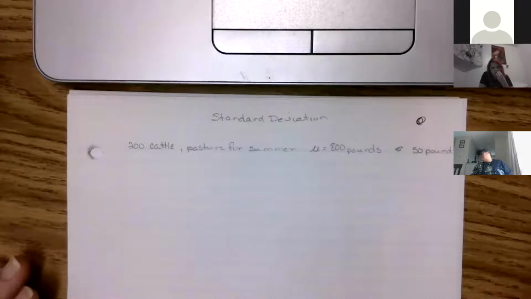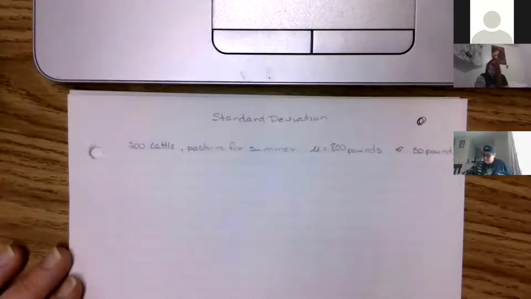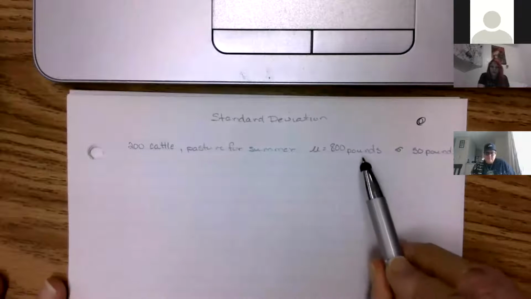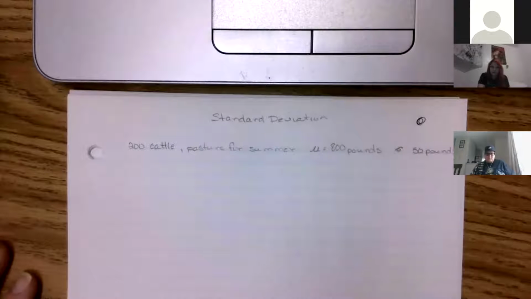So I made up this question that I'm going to have a big pasture, 200 head of cattle, and the mean is 800 pounds. So they would have come to me as calves at 200-300 pounds, like little cuties. And after pretty much a year with us, they'd gain a bunch of weight from being on the pasture and also whatever we were feeding them. So, 800 pounds and a standard deviation of 50 pounds.